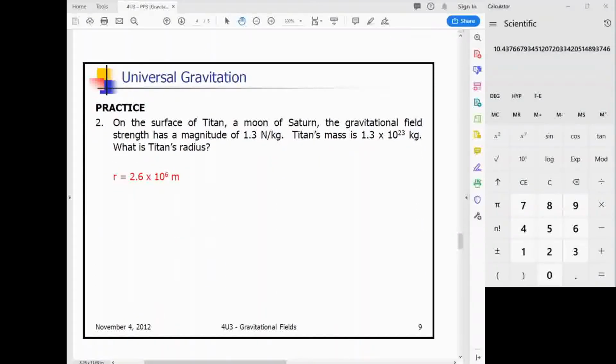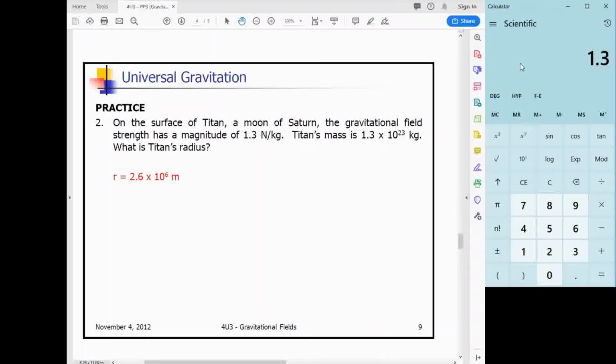Another question to look at, it says on the surface of Titan, which is a moon of Saturn, the gravitational field strength is 1.3 newtons per kilogram. We have Titan's mass, and we're asked to find out what Titan's radius is. So if we rearrange that equation, we start with g equals GM over r squared. We have to rearrange that to find out what r is. So r is equal to the square root of big G times M divided by little g.